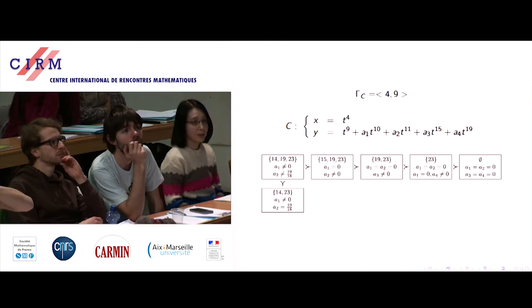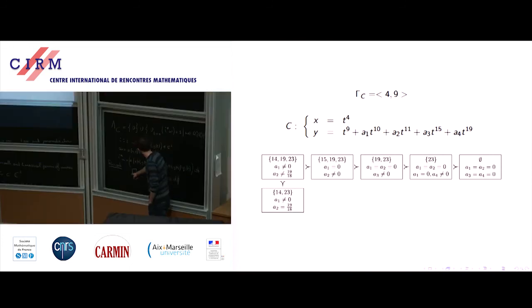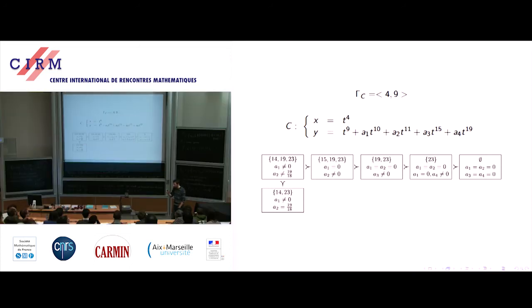is equal to lambda_C minus the semigroup, the set lambda_C minus the semigroup. There are only finitely many possibilities for this set. In this situation, there are only 6 possibilities, and each possibility corresponds to one stratum in the stratification of the moduli space.